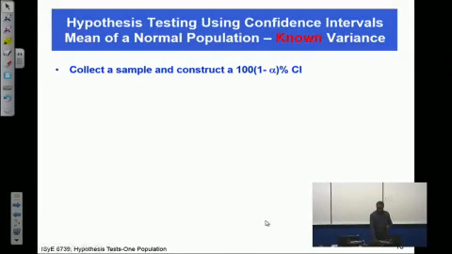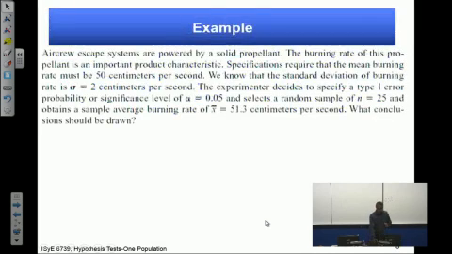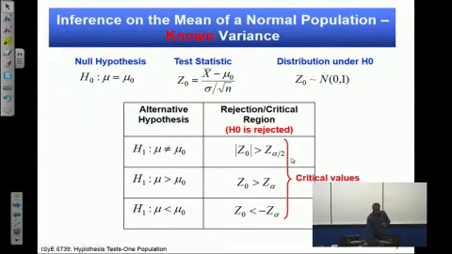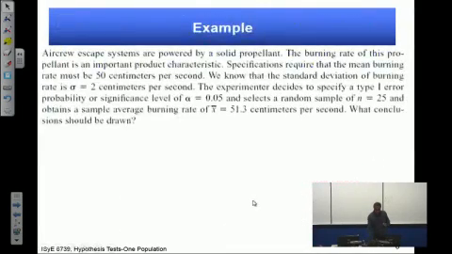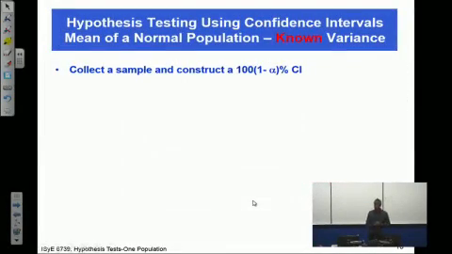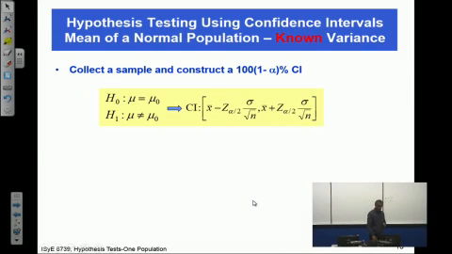So there are three ways for evaluating your hypothesis test. One was based on these critical regions. The second method is based on confidence intervals. So what you do if you are evaluating a two-sided hypothesis test, you construct a two-sided confidence interval using X bar.